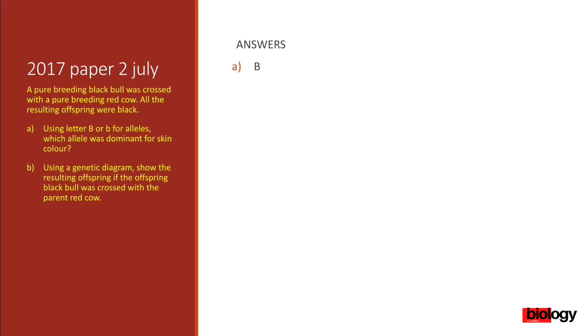Now, before you even draw the genetic diagram, you need to know the genotype of the offspring. So when a pure breeding black bull is crossed with a pure breeding red cow, what will be the genotype for the offspring? Let's find out. It is a pure breeding black bull, isn't it? And this pure breed has a homozygous type of genotype.